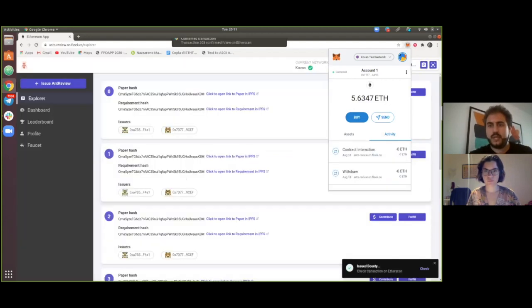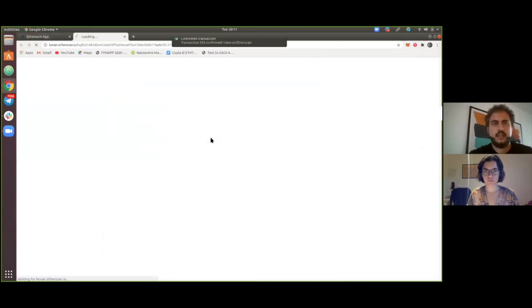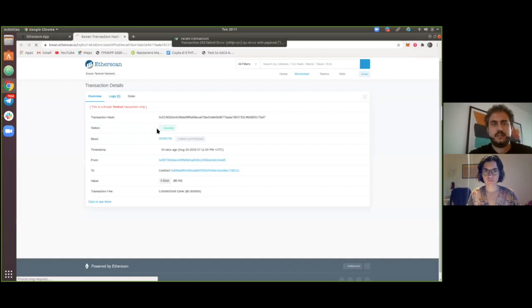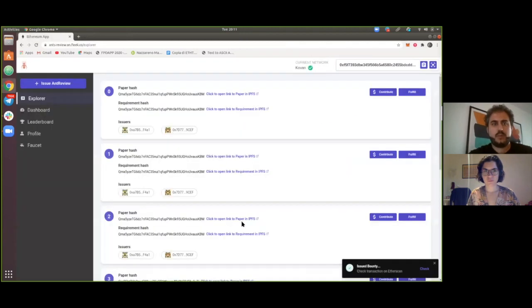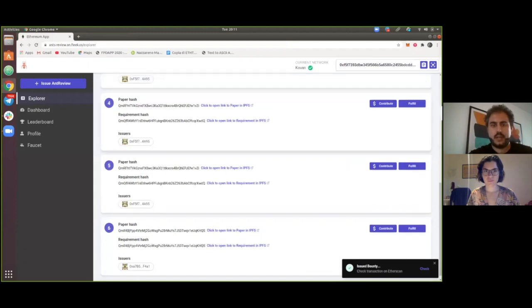And it is issued. We can see on Etherscan the event log, Review Issued. Now we can see on the Explorer, the last one, it's our Ant Review.